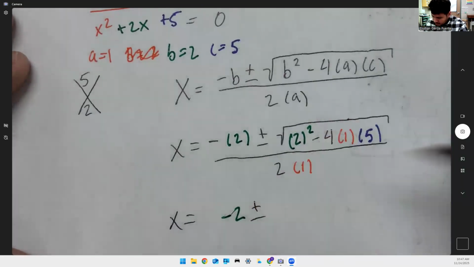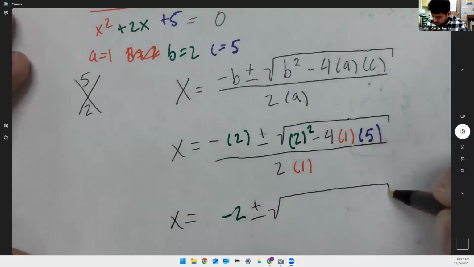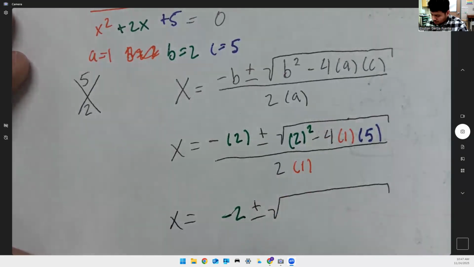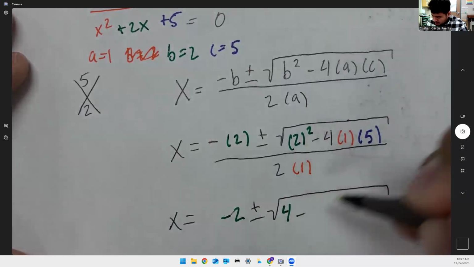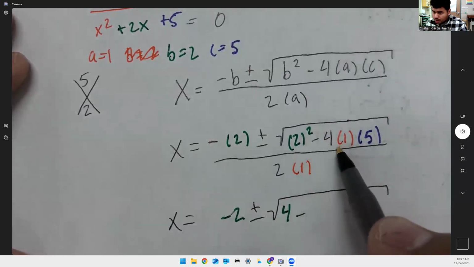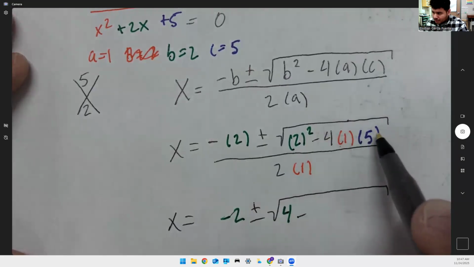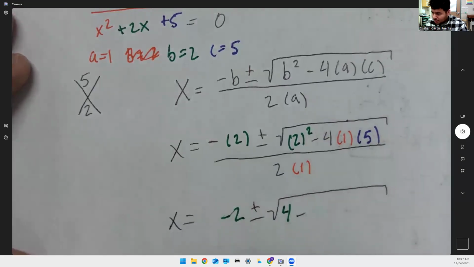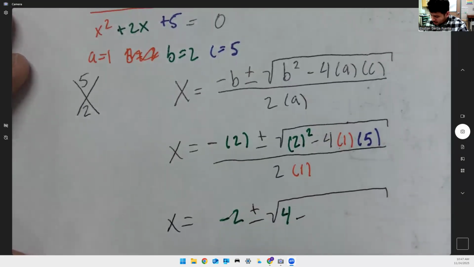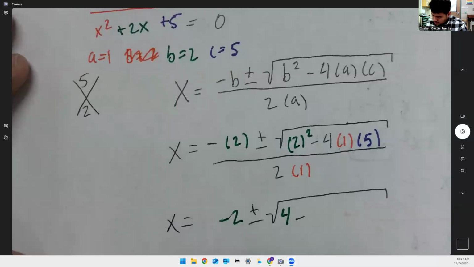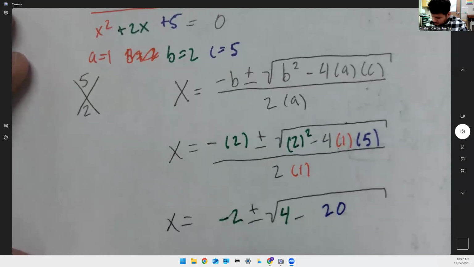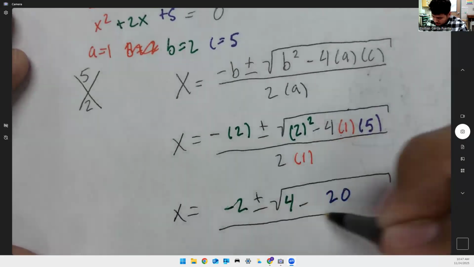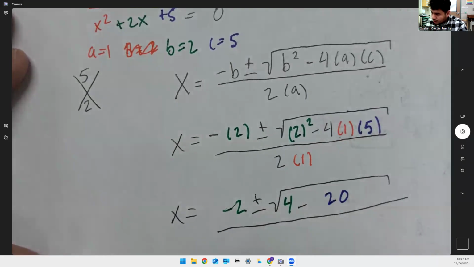Plus or minus the square root. What's 2 squared? 4. So you'll write down a 4. Minus, what's 4 times 1? That's just 4. 4 times 5, that is 16. Or never mind, that's 20. So you'll put minus 20, all over on the bottom, 2 times 1 is just 2.